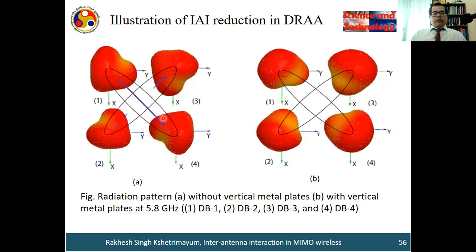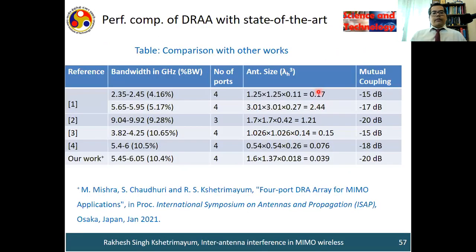This field and this field also, there will be a lot of interaction. But after we put the vertical metallic plates, what you see here is the field here and the field here have become yellowish. Red color means there's a lot of radiated field. Yellowish means the field has been reduced. Again, here also you can see that the field has been reduced because of the vertical metallic plates. That's how it minimizes the inter-antenna interaction, or mutual coupling, between the antenna array.